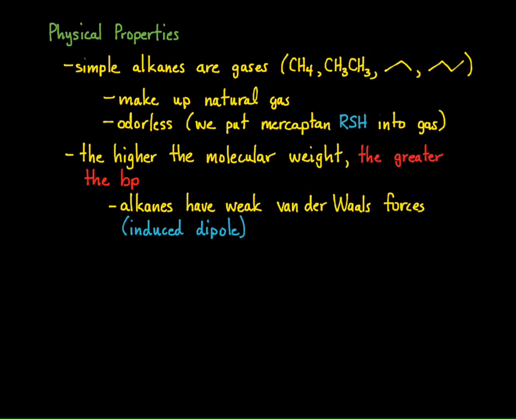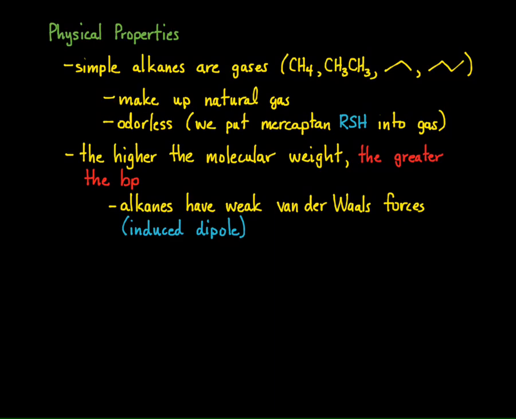If I have very weak intermolecular forces, which in this case are only induced dipole interactions, then it doesn't take that much to break that interaction. And so the thermal energy that I have to add is a lot lower. So alkanes in general have low boiling points. And as a matter of fact, this is why a lot of the small ones exist as gases, because at room temperature, there's enough thermal energy to break any of those intermolecular interactions.